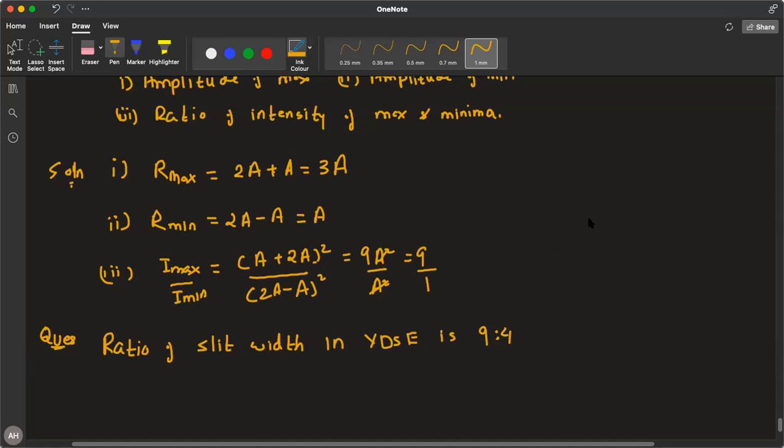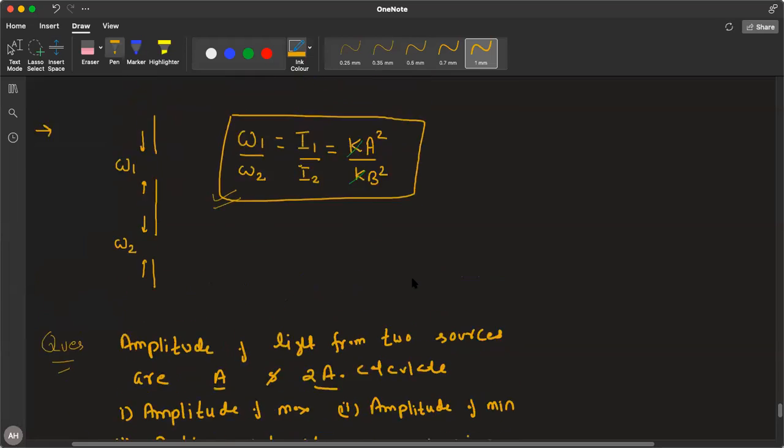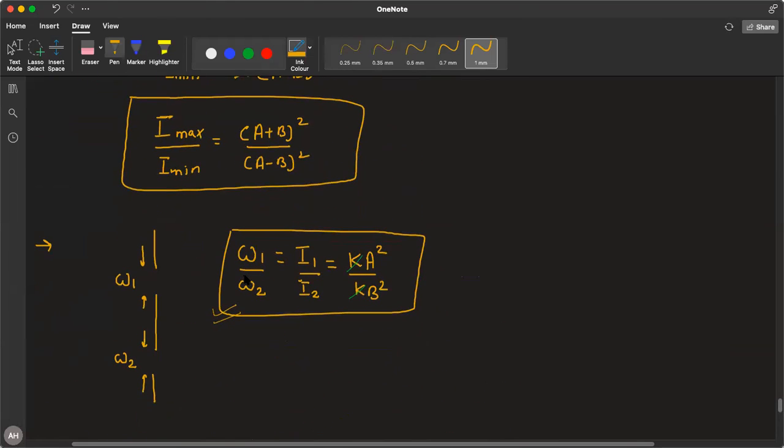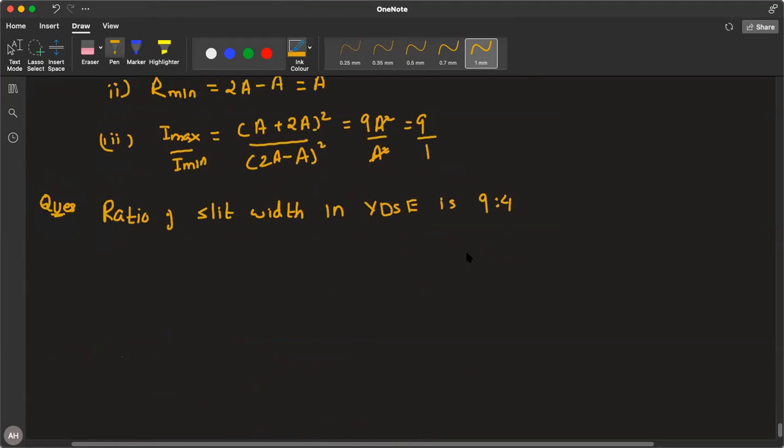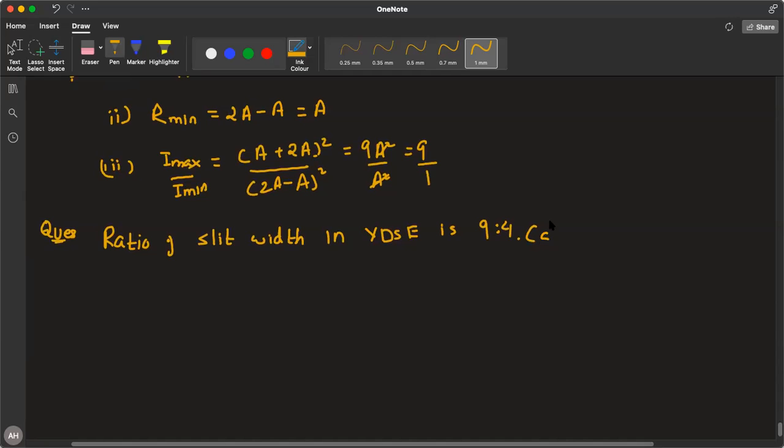See, ratio of slit width means W1 by W2 is given. If you have W1 by W2, that means you have I1 by I2, that means you have A square by B square. Calculate the ratio of minimum and maximum intensity.